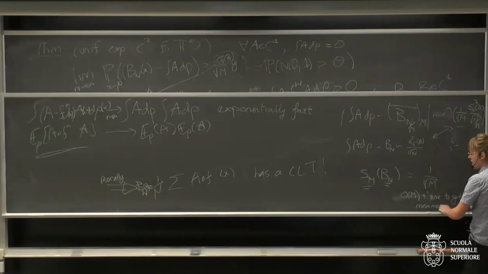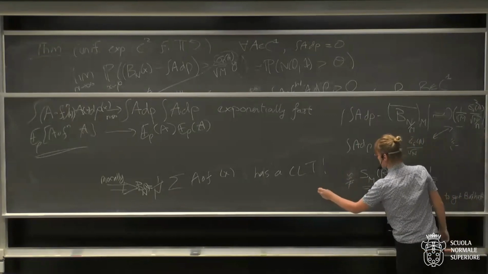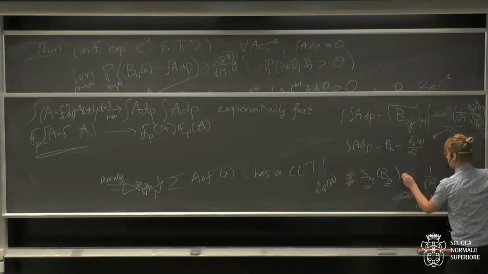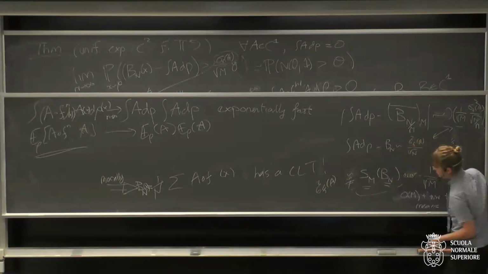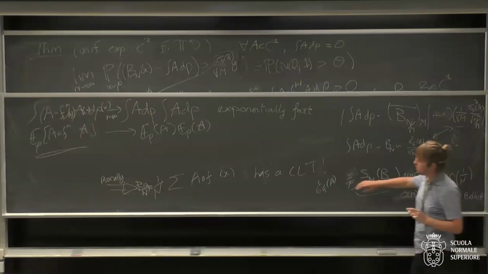And also, I should say, this is not necessarily the same. It's close to, but it's not necessarily the same as sigma squared f of a. The error here is plus a 1 on root n term from this.